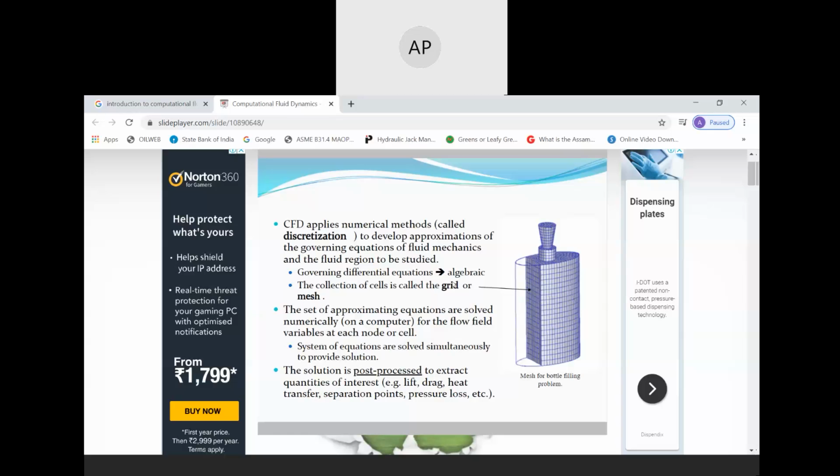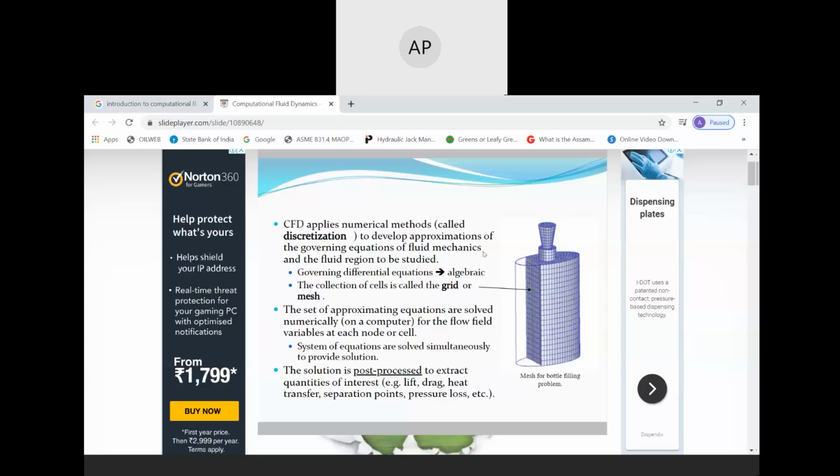CFD applies numerical methods called discretization to develop approximations of the governing equations of fluid dynamics in the fluid region to be studied. The governing differential equations become algebraic, and the collection of cells is called the grid or mesh.